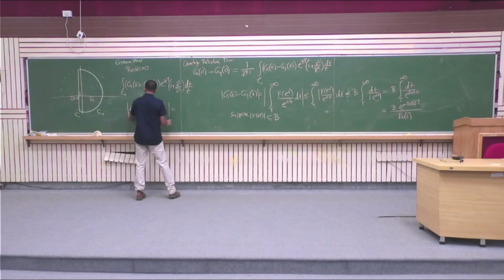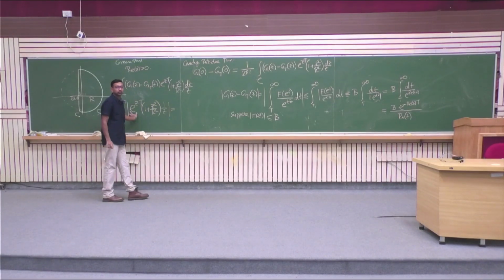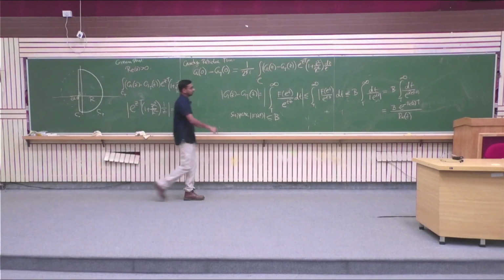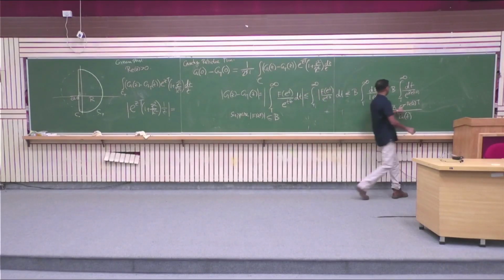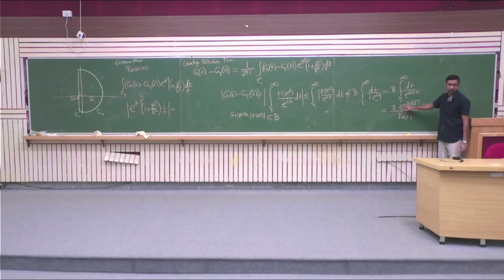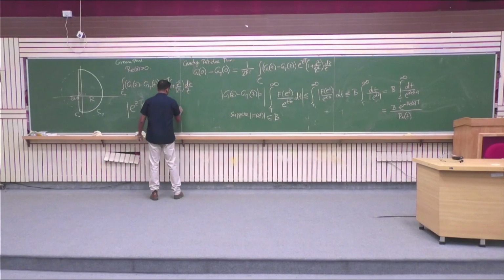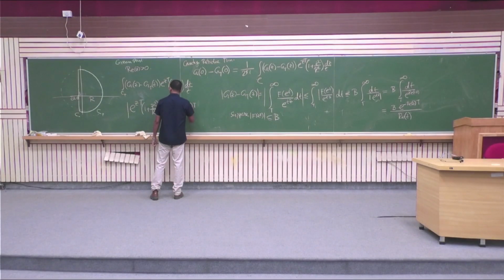This is what happens to e to the power zt: it is e to the power real part of z times t, exactly this one but without the negative sign.